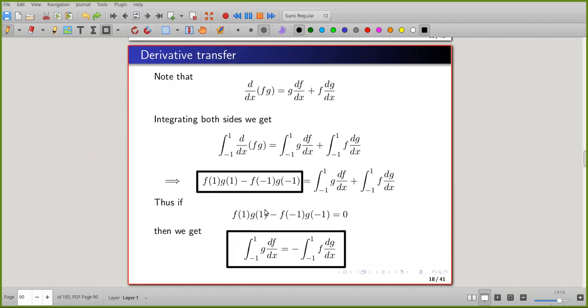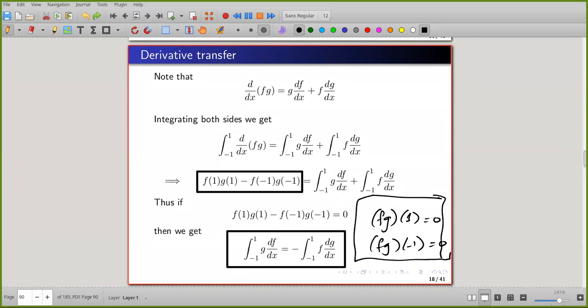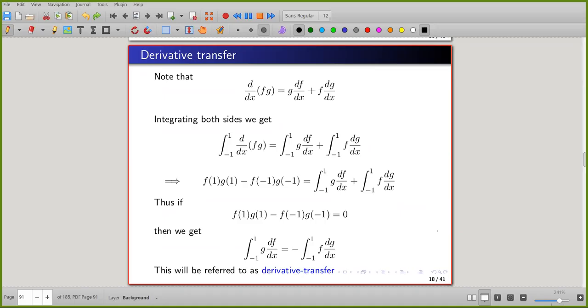In our situation, the way we will use it is that the function f times g will vanish at 1 and also vanish at -1. Let's see how to use it. This will be referred to as derivative transfer. Let me move on from this slide here.